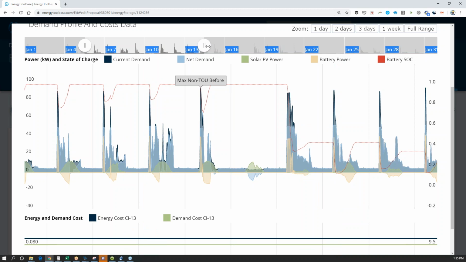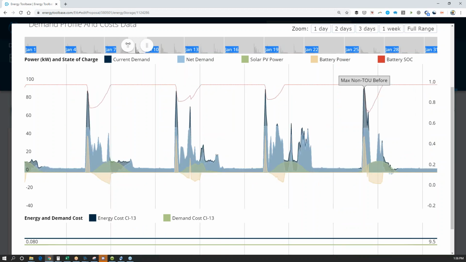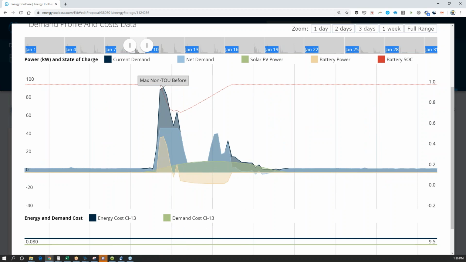And so the worst case scenario before, we had our peak demand in the morning, and now the battery is turning on and discharging that peak demand, and it's not really getting fully discharged.